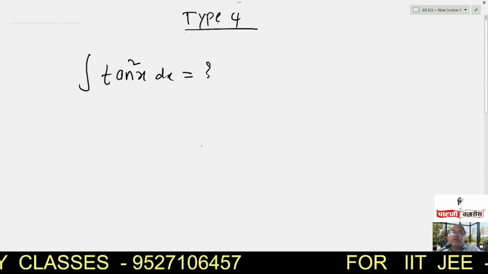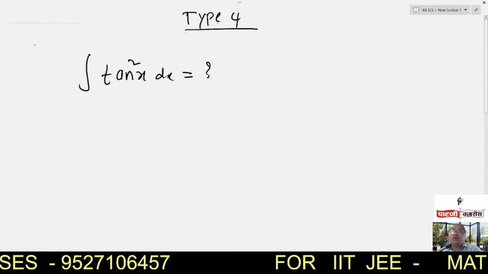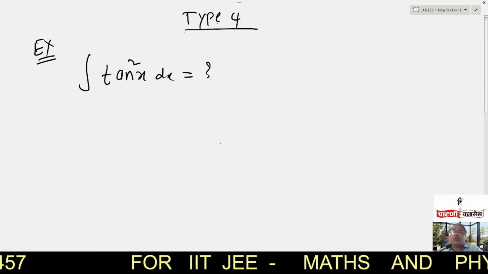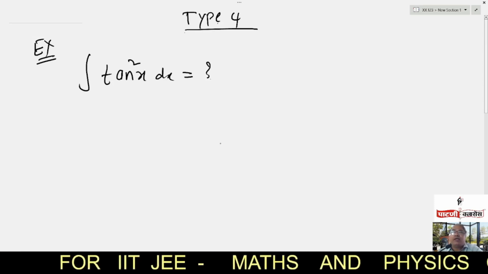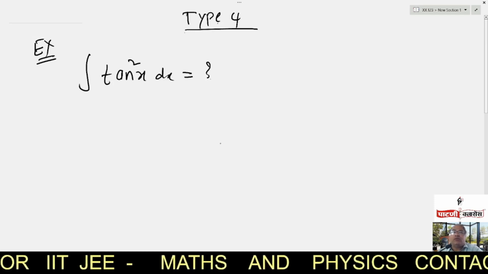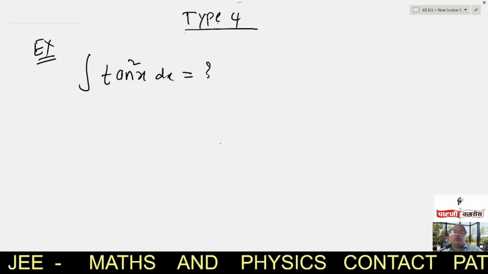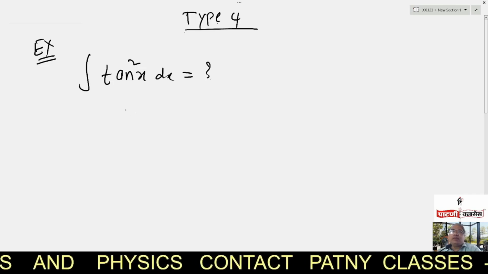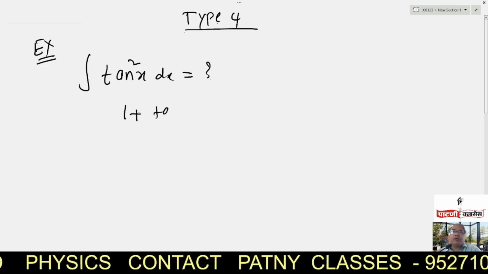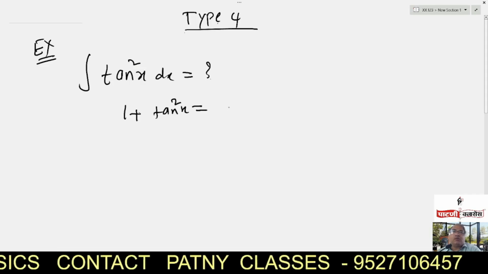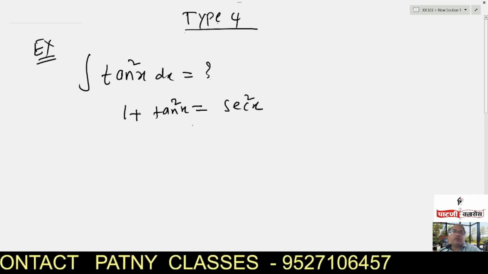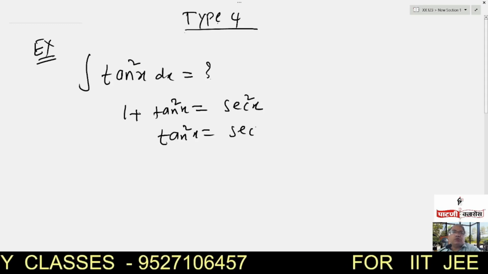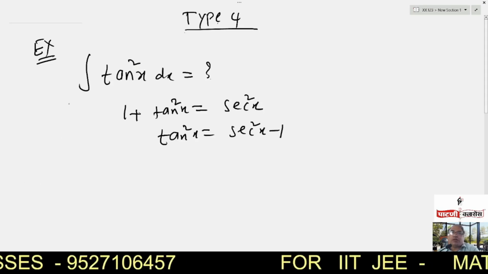Now we'll see how to find integration of tan square x with respect to x. There is no direct formula for integration of tan square x. We first convert to some other form by using the trigonometric identity 1 plus tan square x equals sec square x. Therefore, tan square x equals sec square x minus 1.